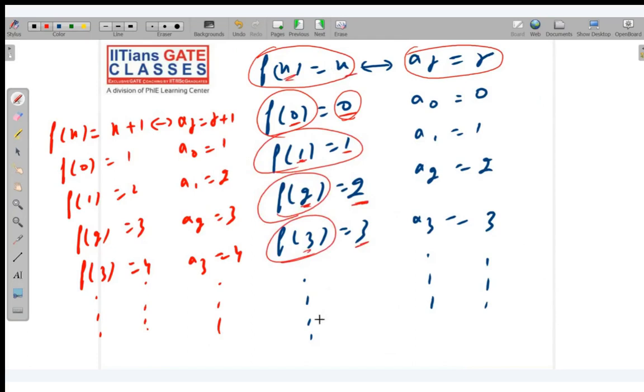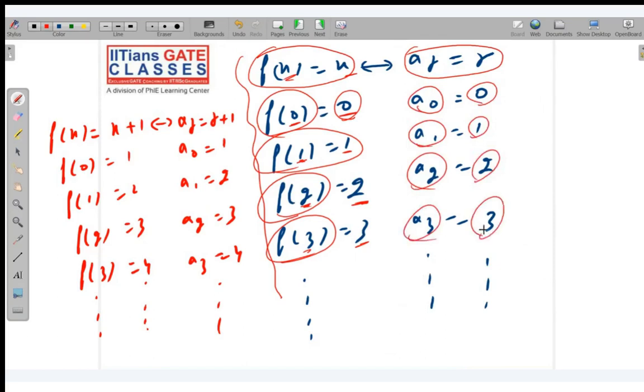This is the normal function representation. In numeric function form, we say a_0 is 0, a_1 is 1, a_2 is 2, a_3 is 3, because a_r is r. I think it's very obvious now.